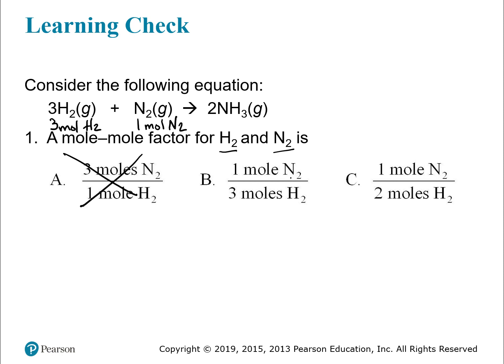B, we've got 1 mole of nitrogen gas, 3 moles of hydrogen gas. That looks like a winner. Let's check C. 1 mole of nitrogen gas, that's right, but it says only 2 moles of hydrogen. So it's gotta be B. Questions on that? It's definitely a problem type that you'll see on the exam.